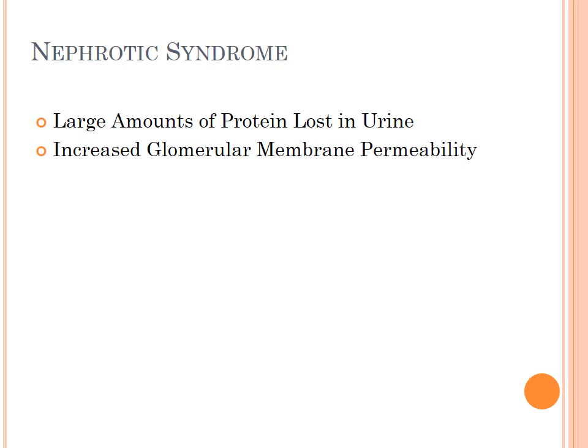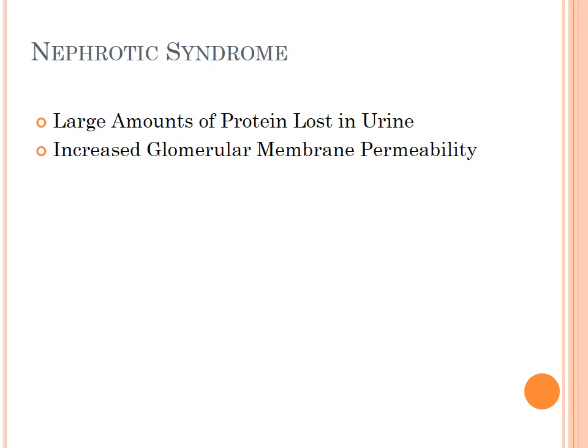So nephrotic syndrome, you'll see greater than 3.5 grams of protein in the urine in a day. So with less protein in the blood, you'll see a shift in fluids. So you'll see edema or generalized edema called anasarca.